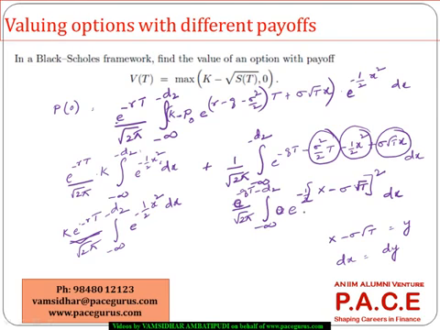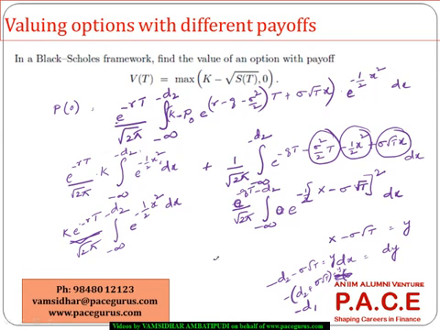When substituting y instead of x, the limit becomes minus d2 minus sigma root t equal to y, minus of d2 plus sigma root t equal to y, and this is what becomes minus d1.